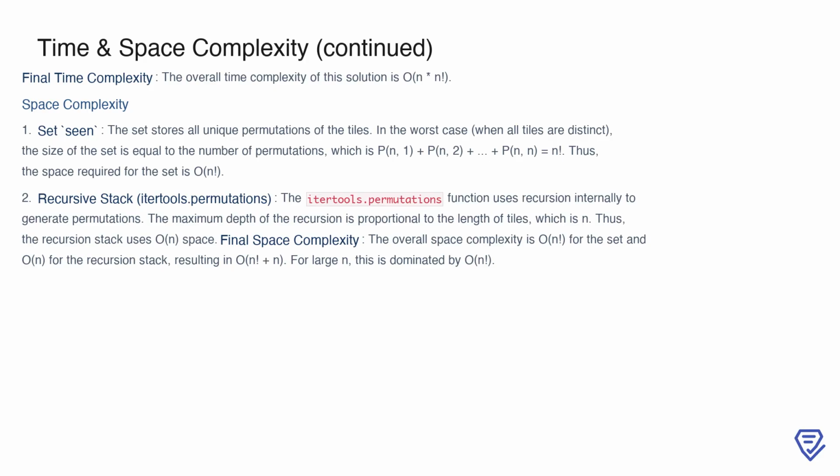Additionally, we have the recursion stack used by itertools.permutations, where the maximum depth of recursion is equal to the length of the input string, n. This adds an O(n) space overhead for the recursion stack. When we combine these two components, the overall space complexity becomes O(n! plus n). For large values of n, the factorial growth of n dominates, so the space complexity is effectively O(n!).